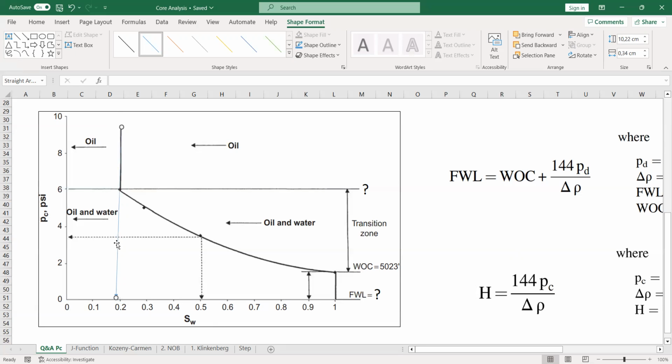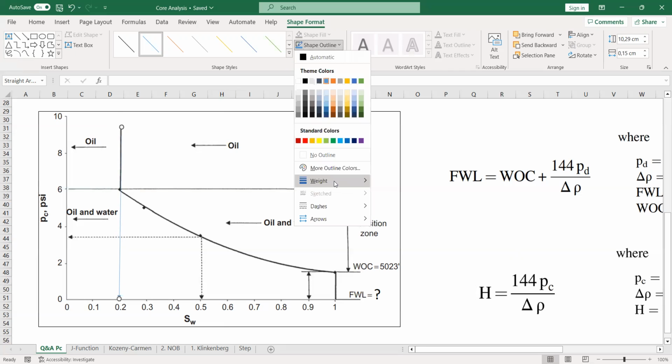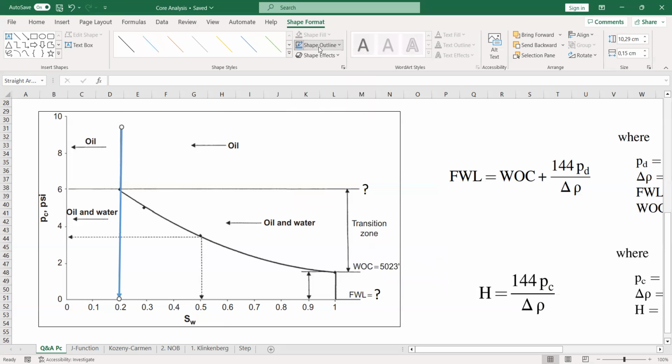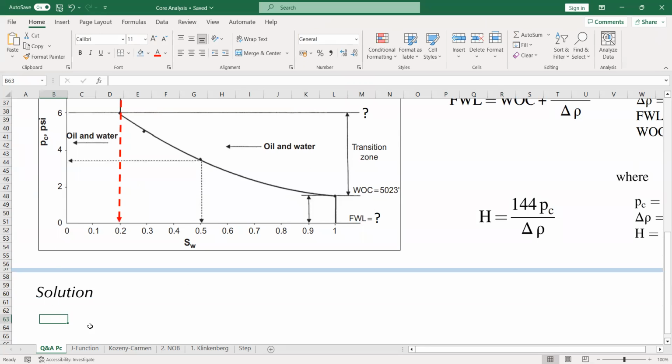Okay, so just use arrow, and then maybe I can make it bold, make it red, make it dashed. Okay, so you get that. So the water saturation based on the capillary pressure curve that we have is easily 20%.